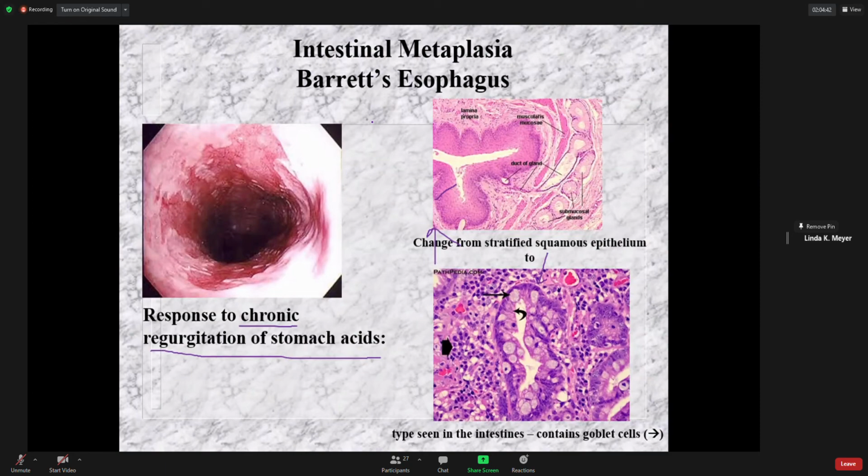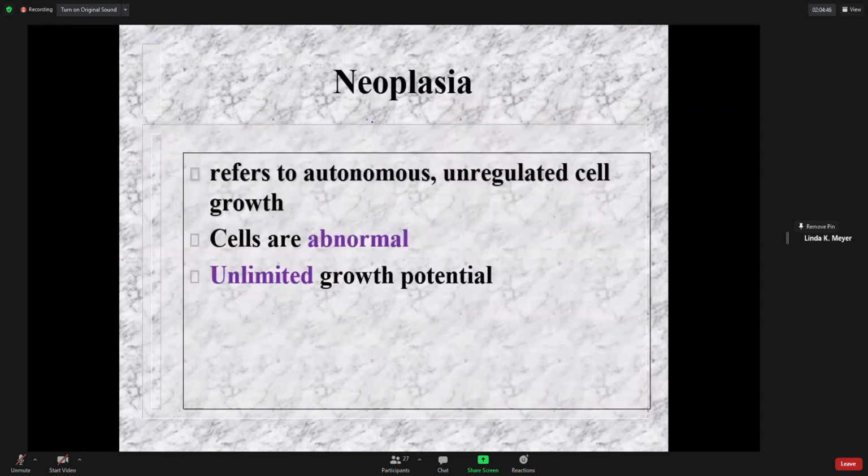And that leads us to the next type of host response, and that's neoplasia. We're going to have a separate unit on neoplasia, but I'm just going to introduce the term here. Again, plasia means growth. This translates as a new growth.